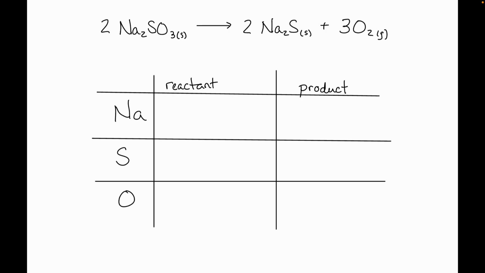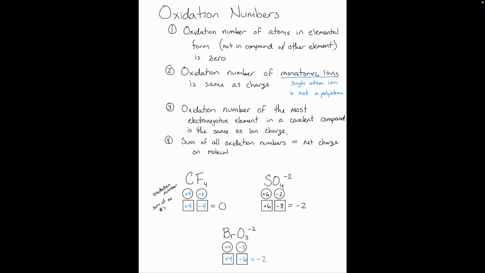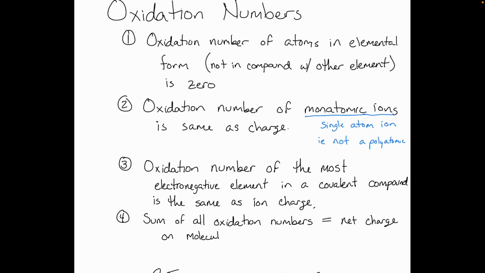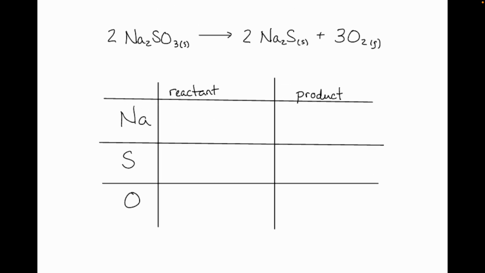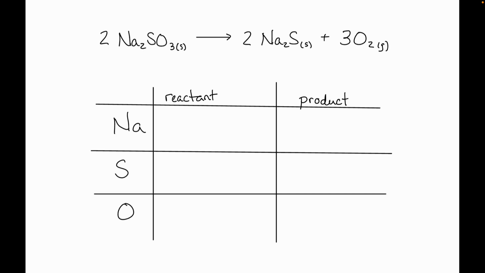All right, so let's do it. So first of all, if I look at my rules, rule 1, the oxidation number of atoms in their elemental form is 0. Do I have any atoms in their elemental form here? Yes. Where do I have an atom in its elemental form? The oxygen on which side?